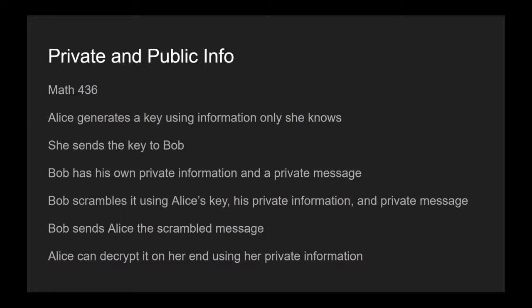And he uses his own private information and a private message, and he scrambles Alice's key, his private information, and private message all together. He sends it to Alice, and Alice, if you follow the math, which is a pain in the butt to look at times, can decrypt it on her end using her private information, and it's great because she can verify.